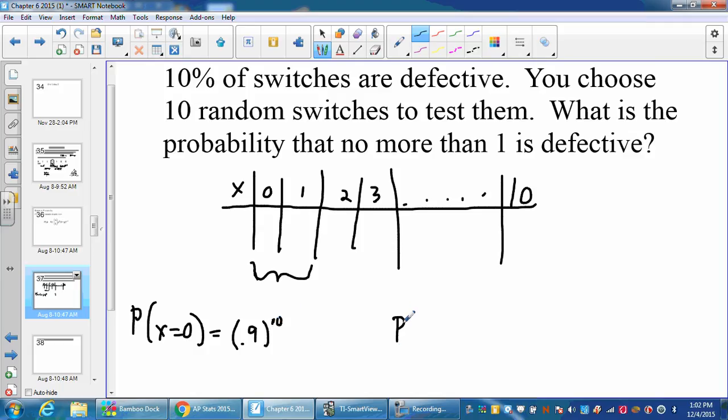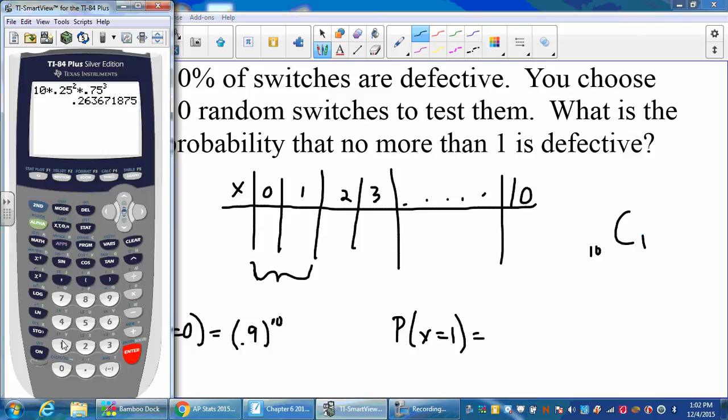Now the probability that x equals 1, now we can use our formula. I don't want to do my Pascal's triangle out to the 10th row. So what I can do is just do 10 choose 1 on my calculator. So I'm going to type in 10, math, probability, nCr, 1, and that's 10.